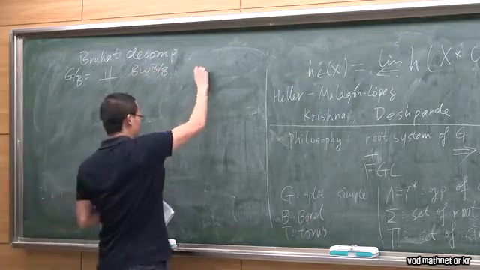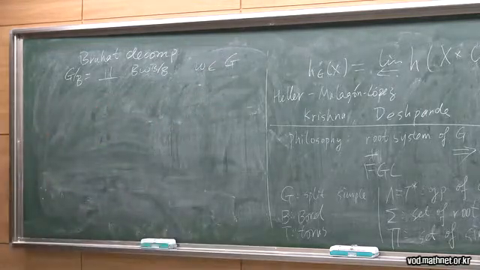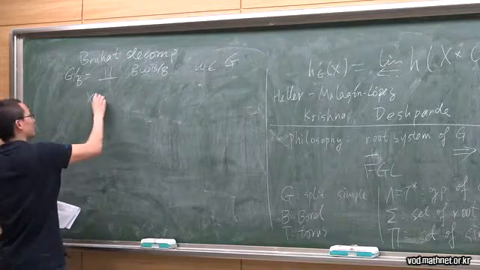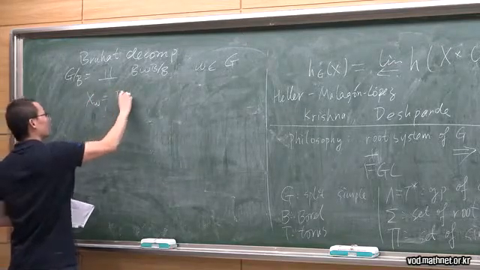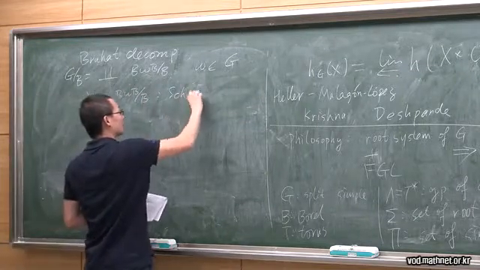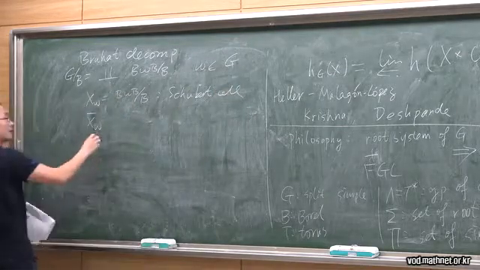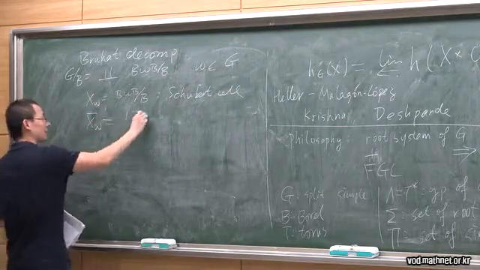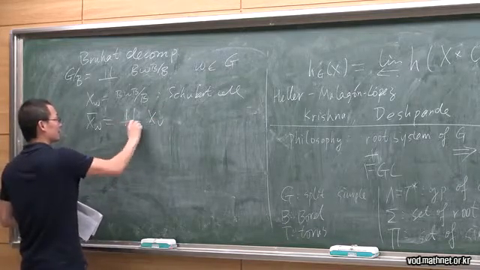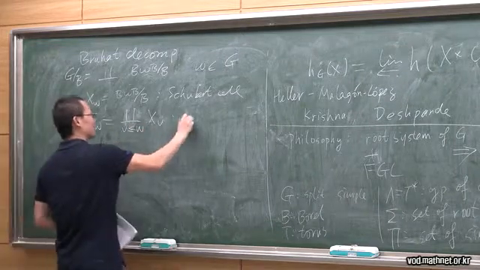So here you can realize W inside G. If you take each piece BwB, it is called a Schubert cell. And if you take the closure, then this will be a disjoint union of X_v, v less than or equal to w. So this is called the Schubert variety.